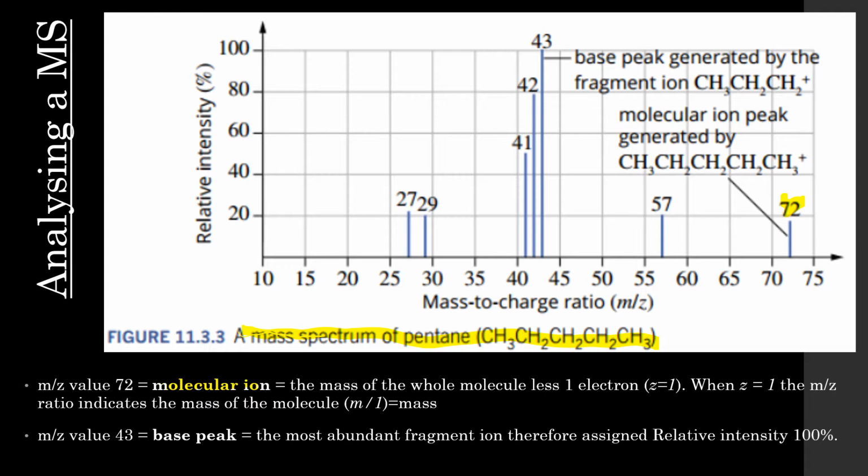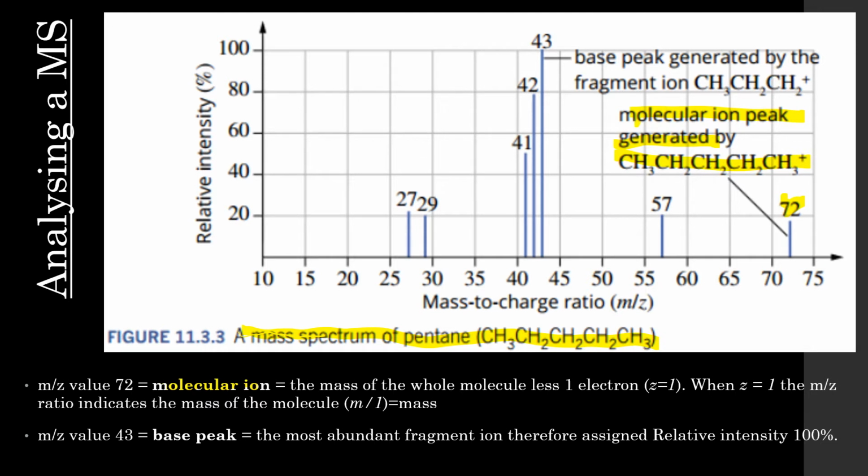Remember, they've got to have a charge. They're bombarded with electrons, get a charge, and so it becomes CH3CH2CH2CH2CH3 plus. When the charge Z equals 1, the m/z ratio indicates the mass of the whole molecule, so the mass over 1 equals the mass of the molecule. That's the molecular ion peak.